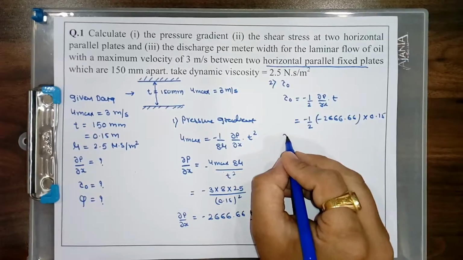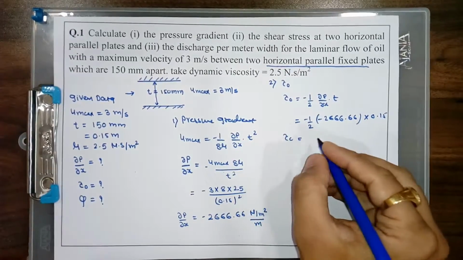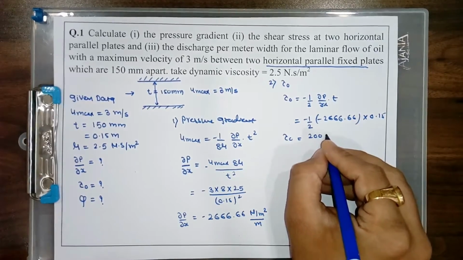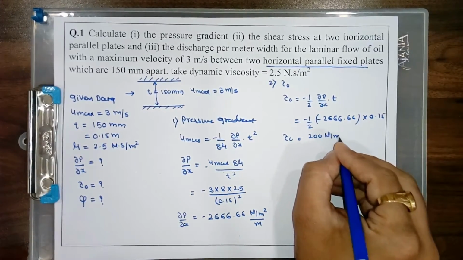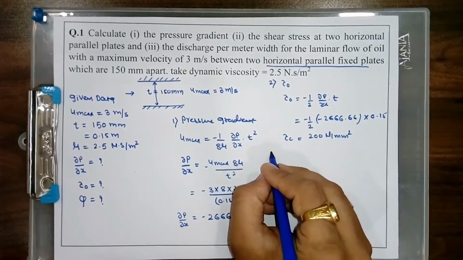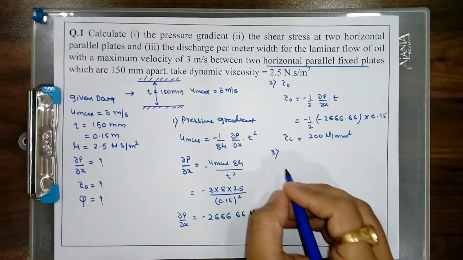So finally we get the answer of tau naught, which is 200 Newton per millimeter square.